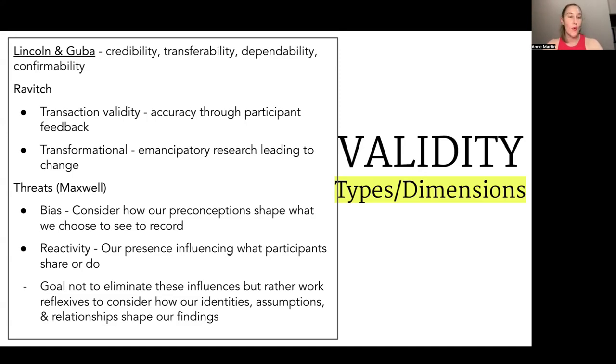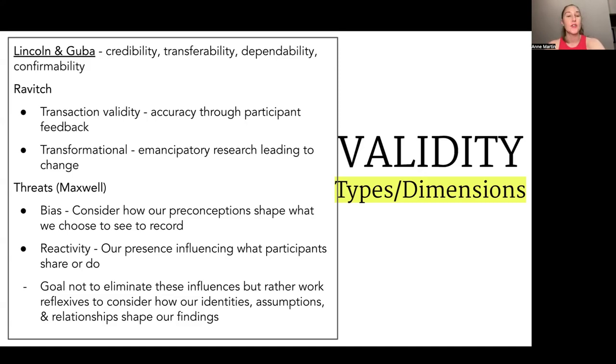So one thing that's important is to think about bias, and based on where you are in the paradigm, not that it's a bad thing, but thinking about how your preconceived notions shape what you choose to see and record. So it's not that your bias should not be included, but it's a matter of interrogating your bias and constantly going through that question, how might I be wrong about what I'm initially seeing?